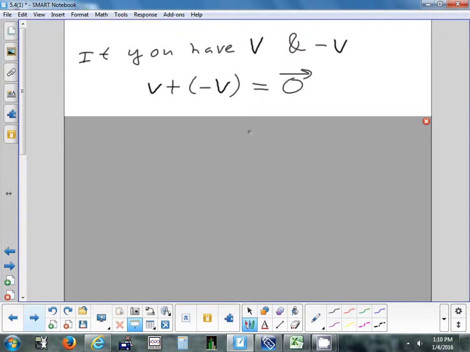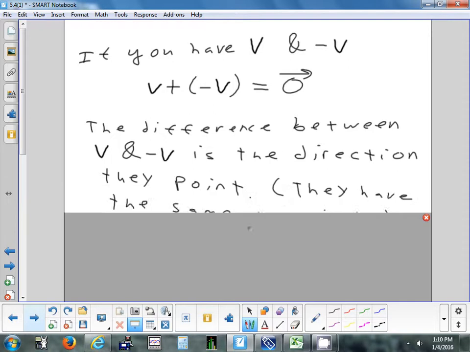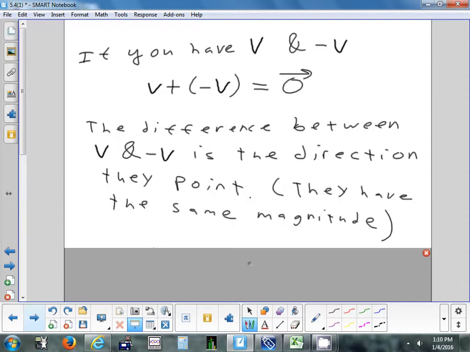Like if you were to measure this table, it's like measuring the table left to right or right to left. It's a different direction you measured in, but same length, same magnitude. Okay, so that's important to understand. Different direction, same magnitude. In fact, it's not just a different direction, it's exactly opposite directions.